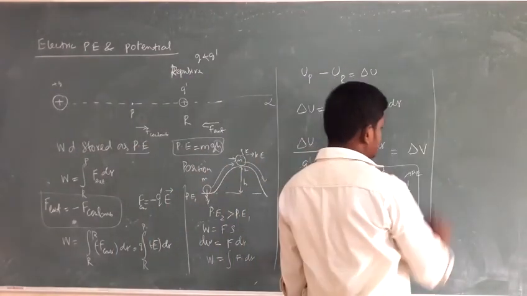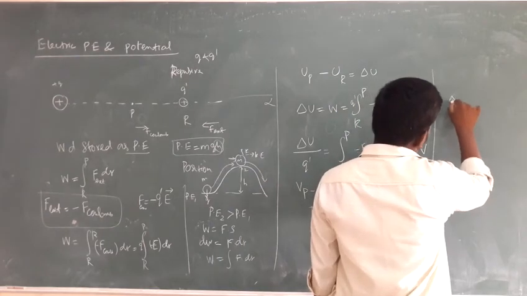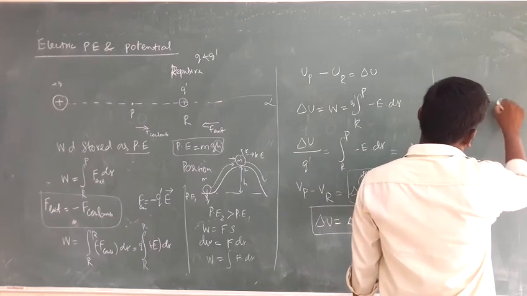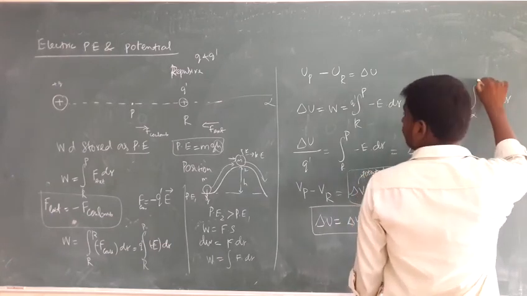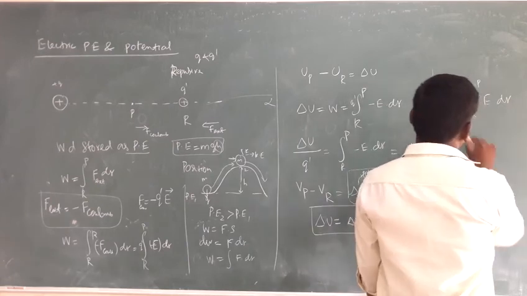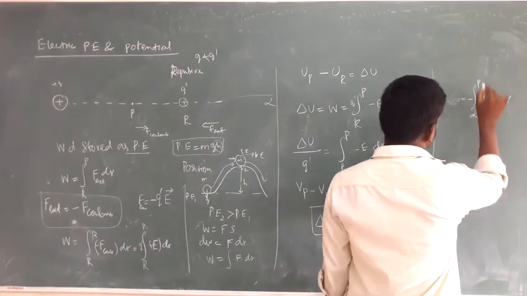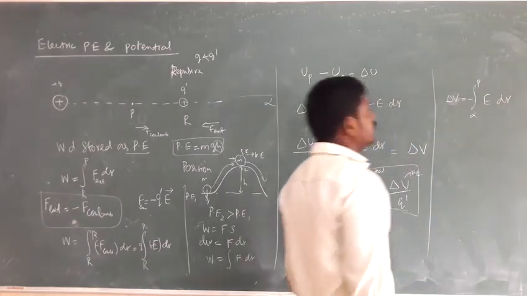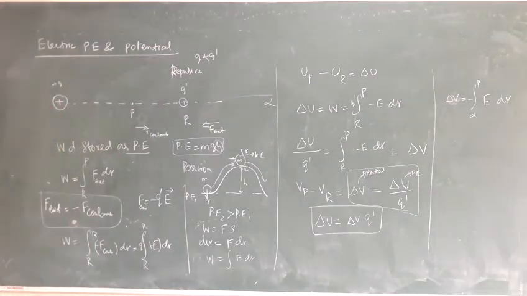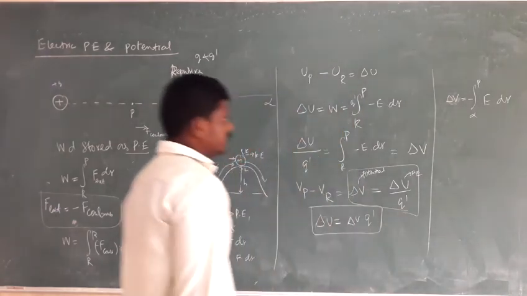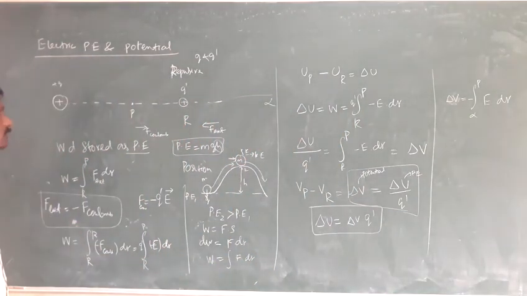The change in potential, delta V, is equal to the work done: the integral of E dot dr from infinity to a finite distance, the point P. Finally we need to use the minus sign, so delta V is equal to minus the integral from infinity to the point P. So from this, we have found the electric potential energy difference and electric potential.